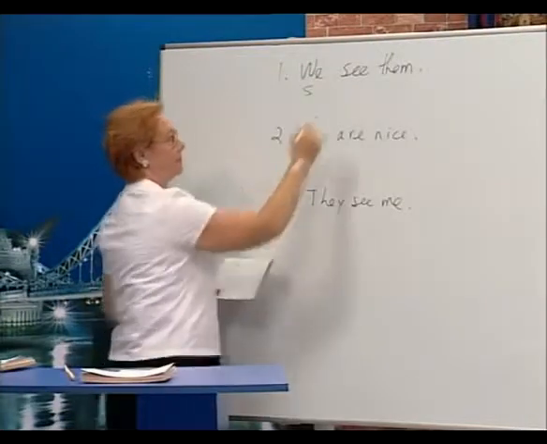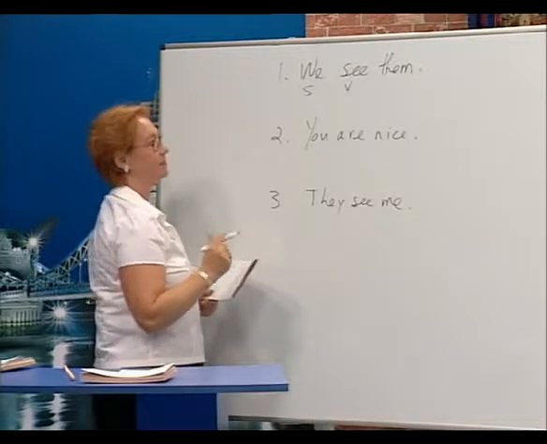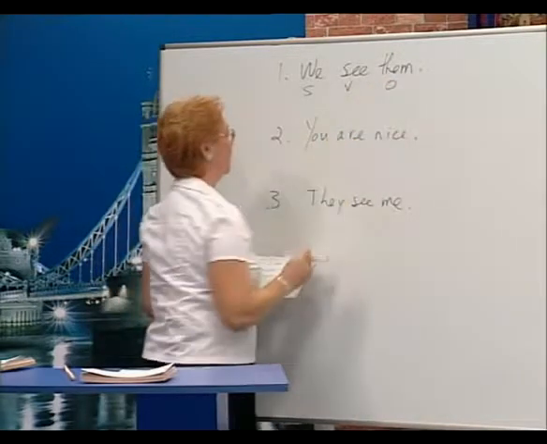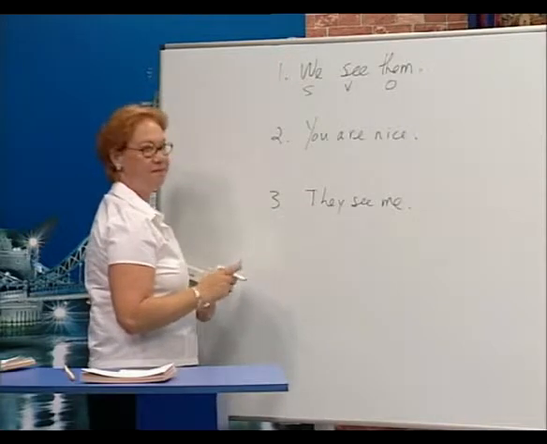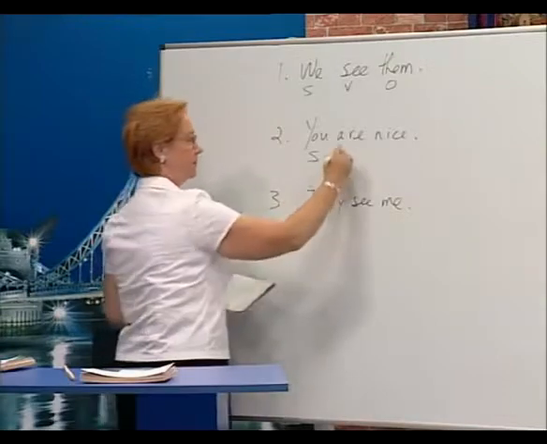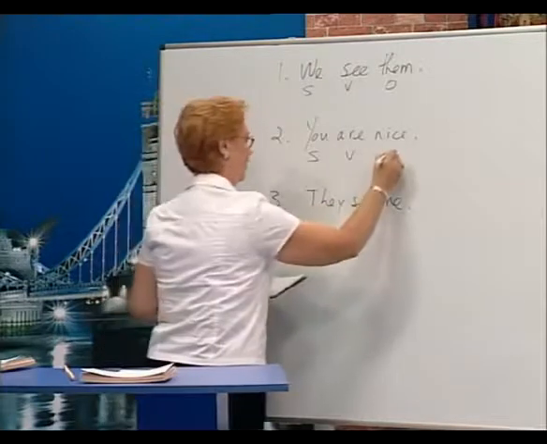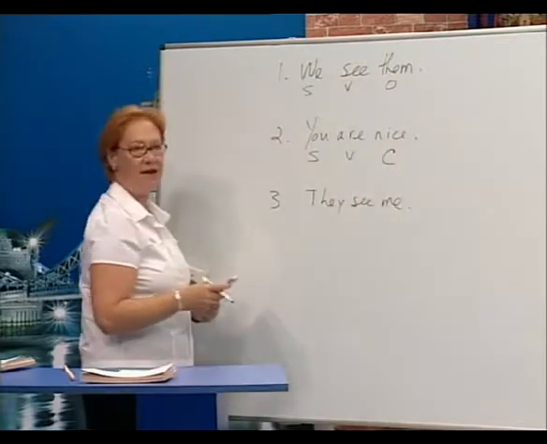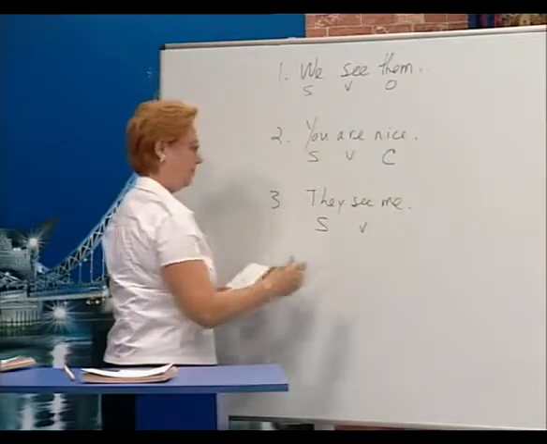See is the verb. Them is the object. Yes, good. Okay, now Ali. You is the subject. Are is the verb. Nice is the object. No, the complement. Yes, good. All right, Isabel. They is the subject. See is the verb. And me is the object.